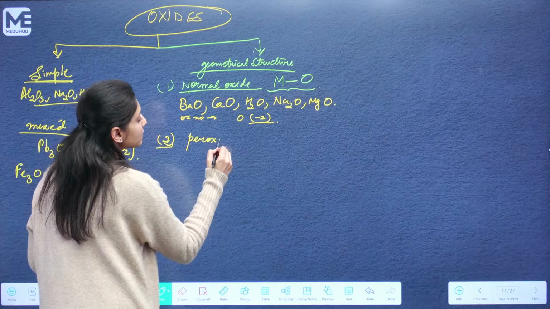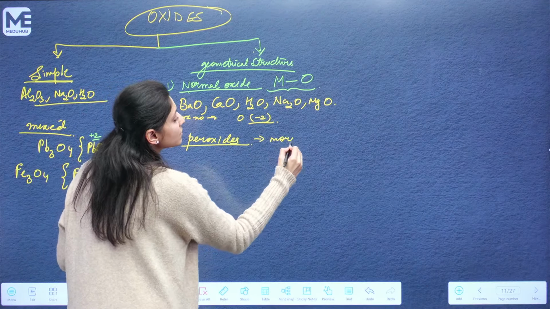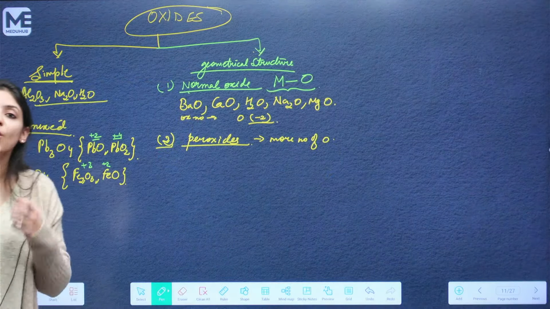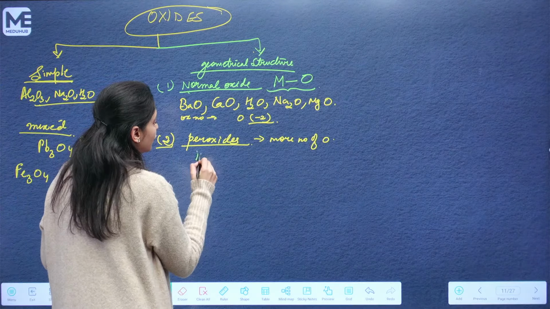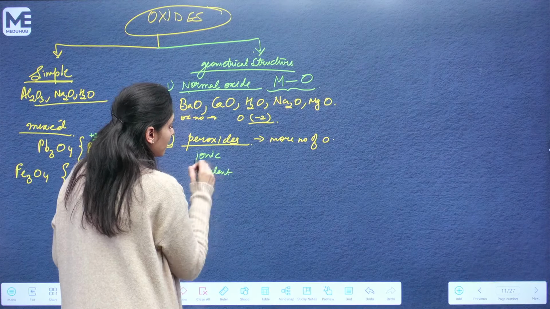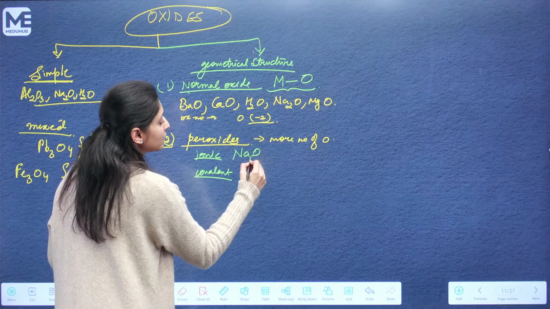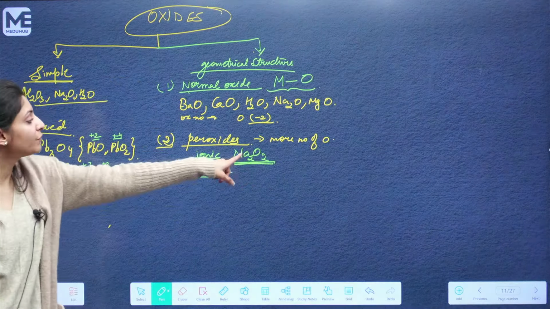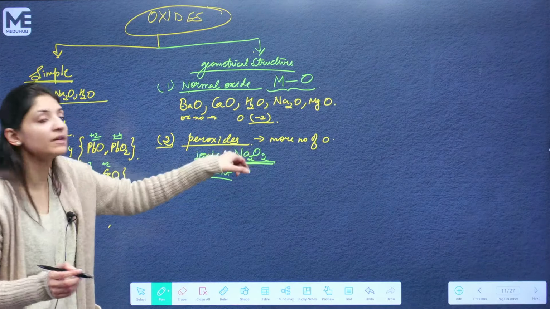In the case of peroxides, more oxygen atoms are present than you can deduce from the oxidation number of the metal. Here they are of two types, ionic and covalent. An example of ionic peroxide is Na2O2. From the oxidation number of oxygen as -2, you cannot determine that there are 2 sodium atoms.